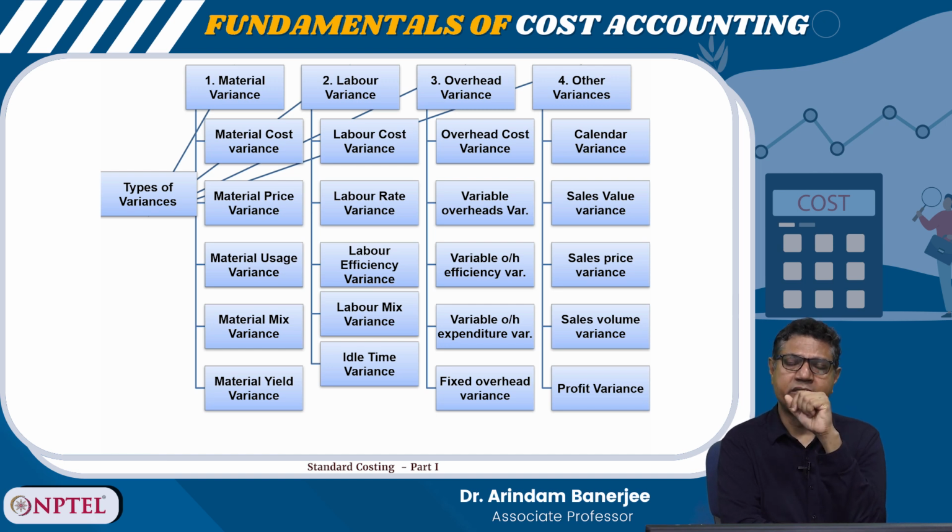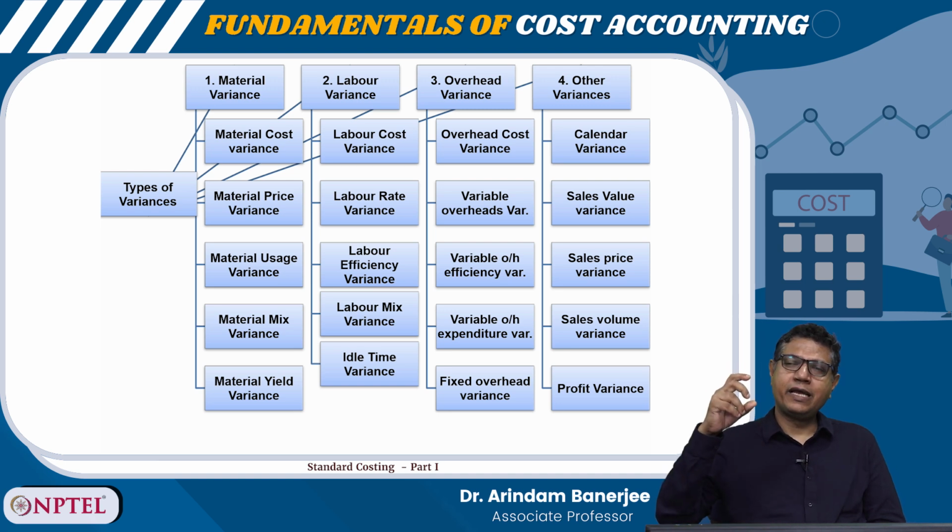What happens basically, in traditional manufacturing firms, I'm talking about 30-40 years back when this subject of cost accounting was developed, at that time material and labor were the more important components of the total cost structure.